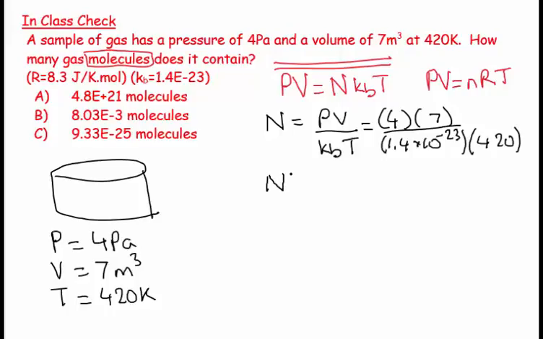So the number of gas molecules is equal to, let's make sure I get my calculation right. It's 4 times 7, enter. Then I'm going to divide that by 1.4 second EE to the minus 23, enter, divided by 420, enter.